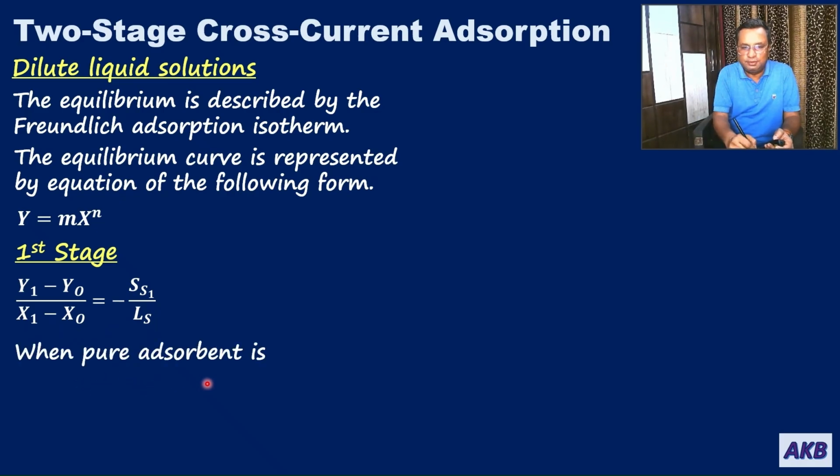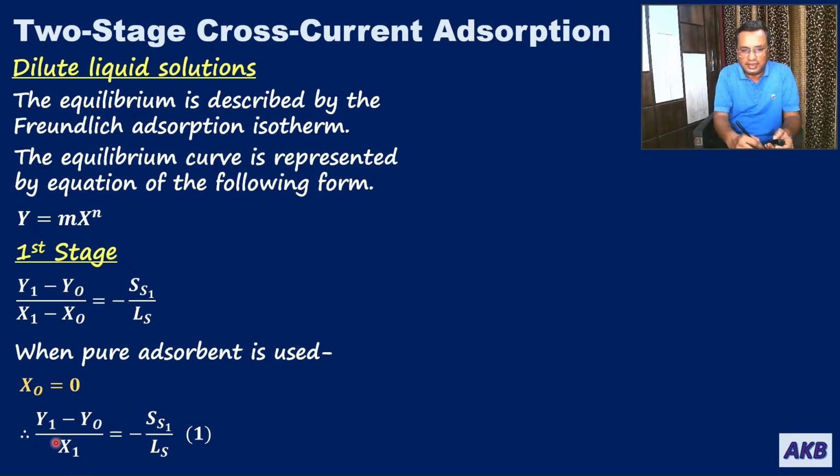If you are using pure or fresh adsorbent, capital X0 will be equal to 0. Then it will be capital Y1 minus capital Y0 upon capital X1, that is equal to minus SS1 upon LS. I'm calling it equation number 1.